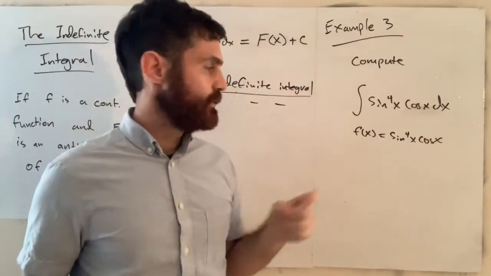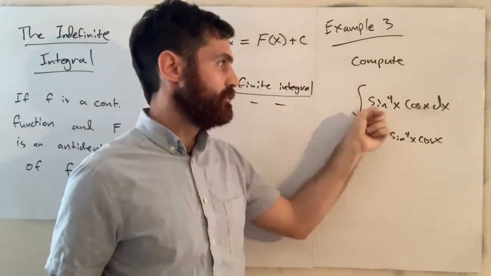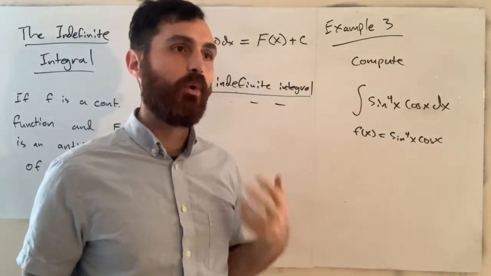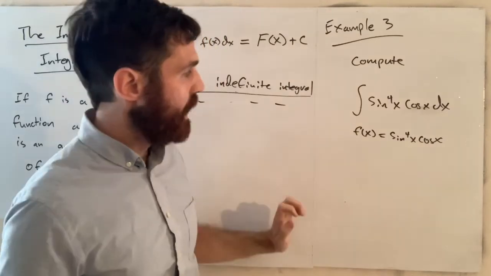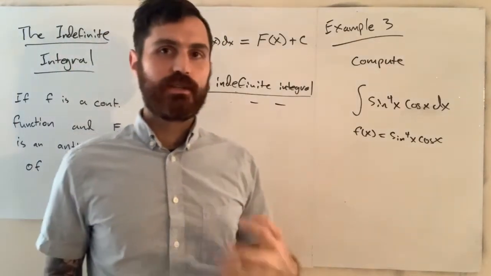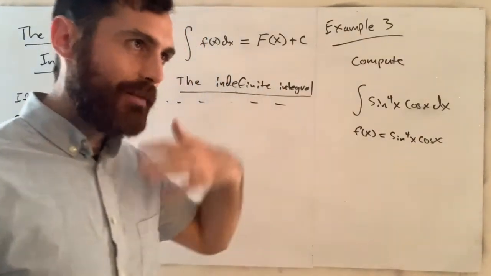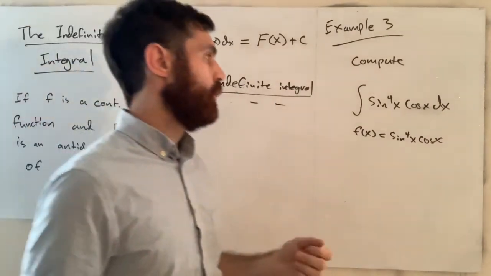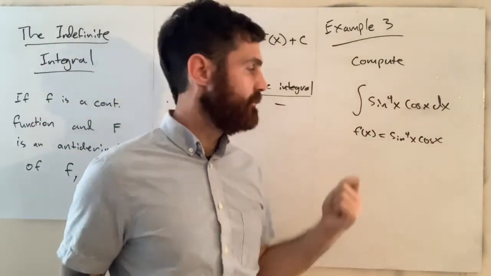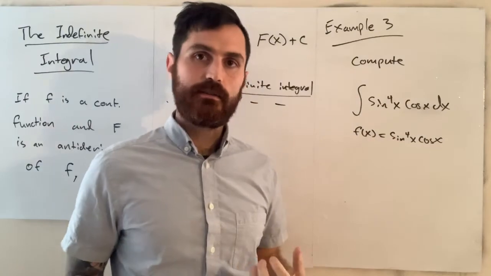If you take Calc 2, you'll find out how to compute these things in maybe a more standard way. But for now, it's just kind of an ad hoc method. You have to go through and think, well, what function would I have to take the derivative of to get to this?